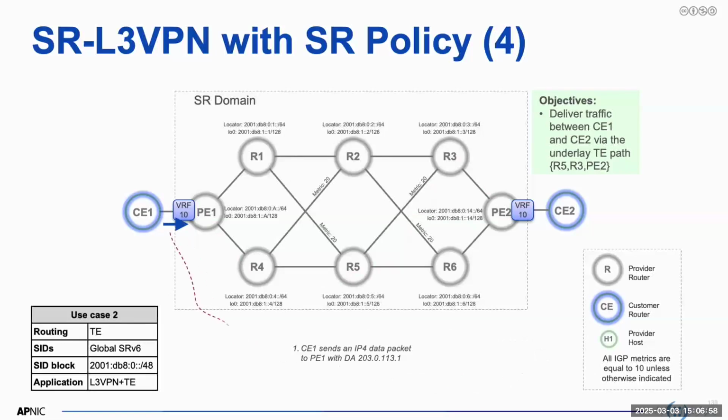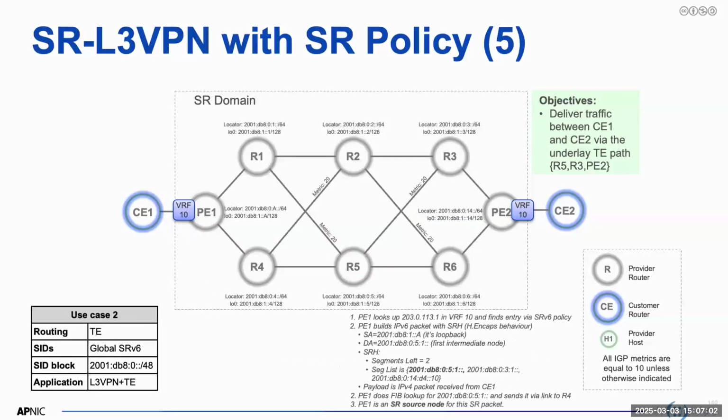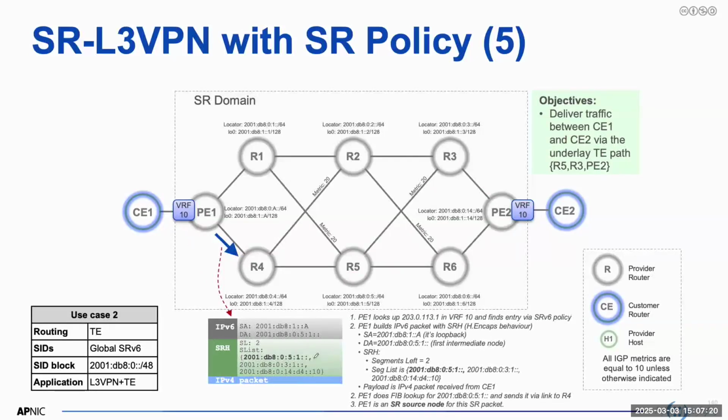C1 sends the packet, which is an IPv4 packet, so it will just encapsulate it and build the SRH. When it builds the SRH, it gives the list of segments. Here you can see the actual IPv6 addresses as the list of segments, and the destination address is the same as the first address.